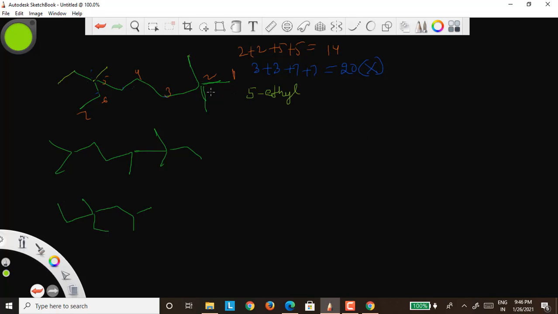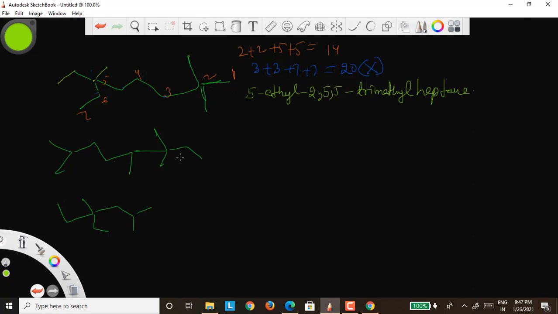Methyl you have 2, 2 and 5. So you give 2, 5, 5. It should be in increasing order. So hyphen 2, comma 5, 5. This is trimethyl, then heptane. Okay.